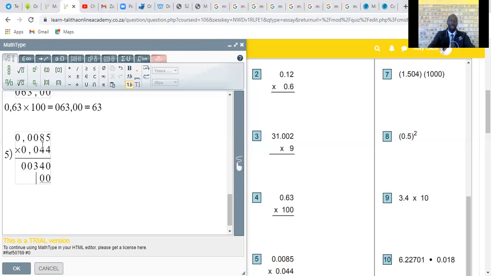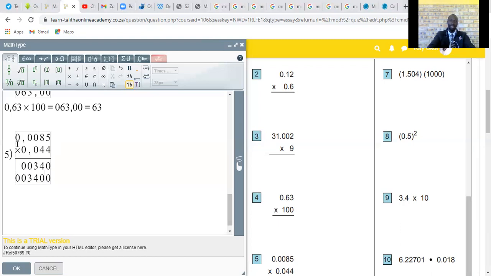Is 32. Plus 2 is 34. So we write 4, we carry 3. Now 4 times 0 is 0. Plus 3 will be 3. Then 4 times 0 is 0. And finally 4 times this 0 gives 0.